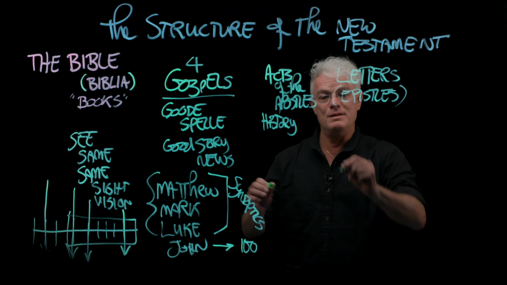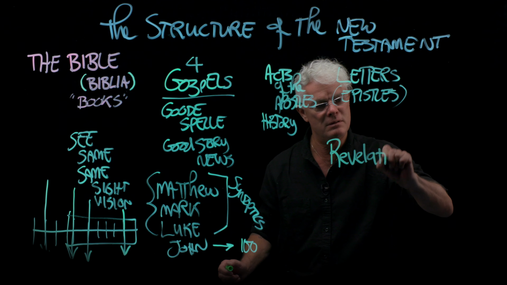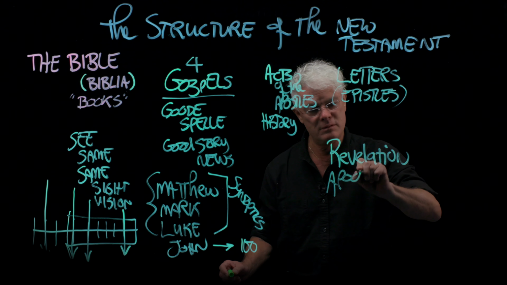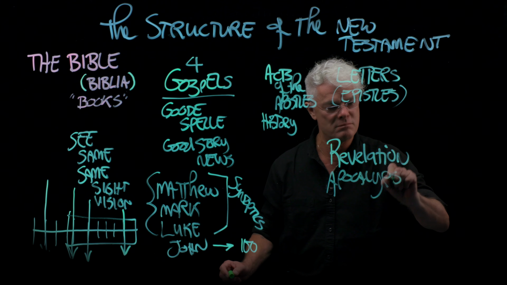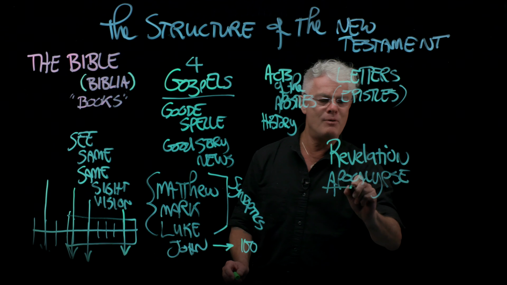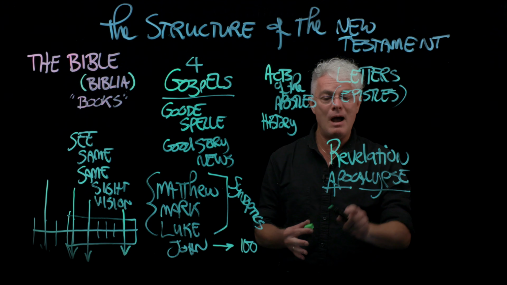And finally, the book of Revelation, or the Apocalypse. Apocalypsis. It's a Greek word. There's a lot of Greek in this class, this semester, this term, because this was all written in Greek.